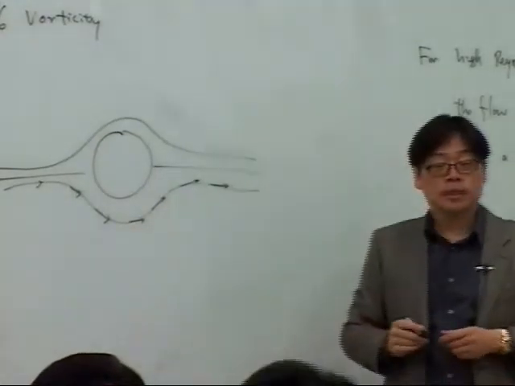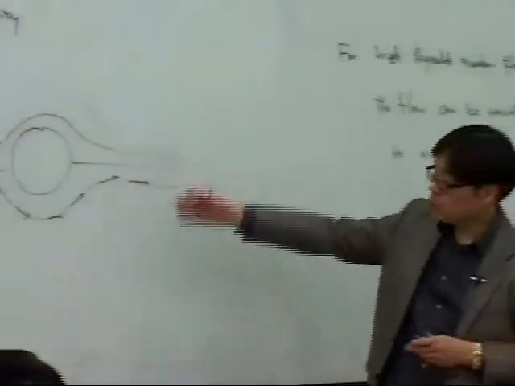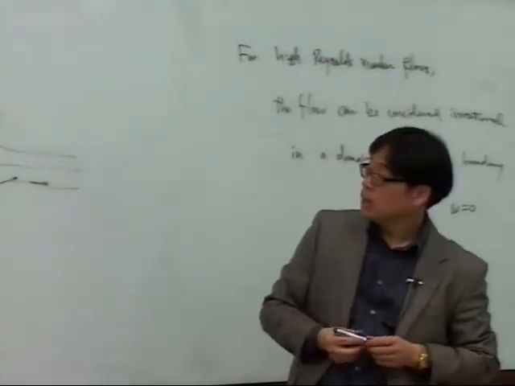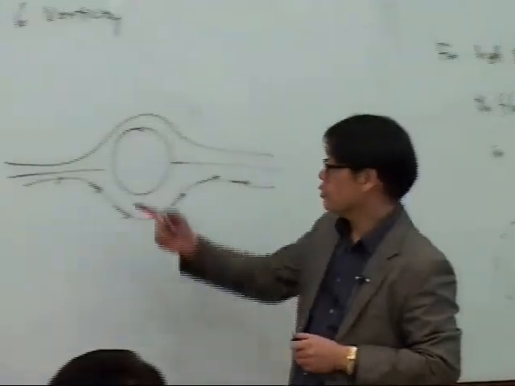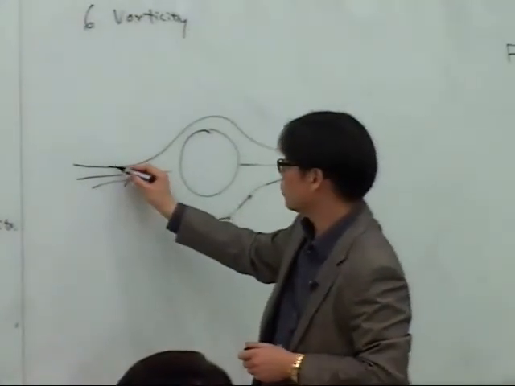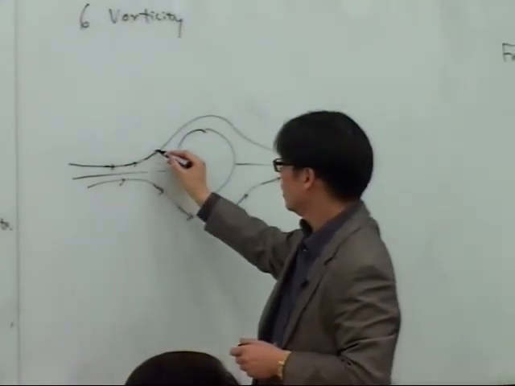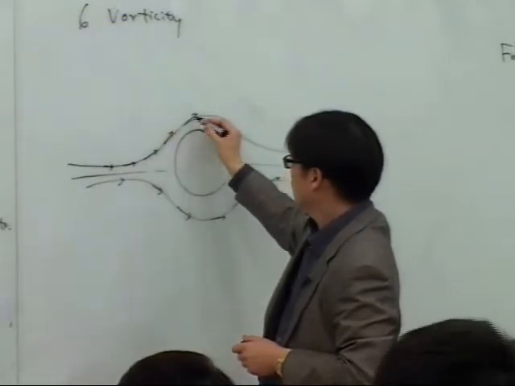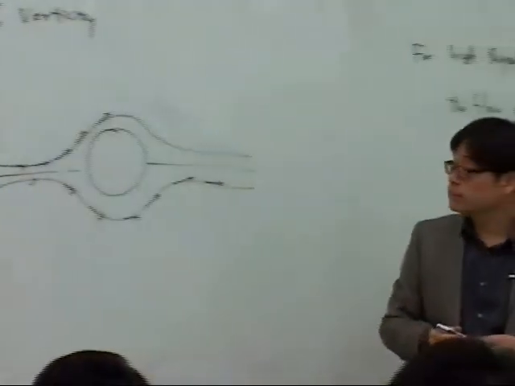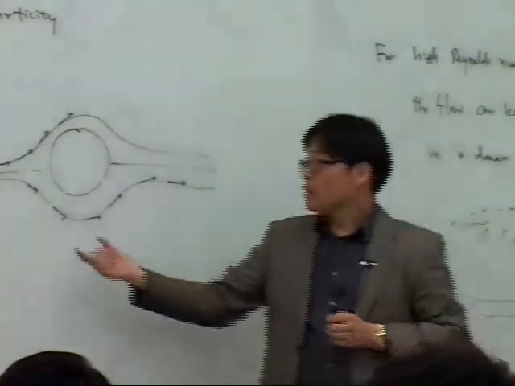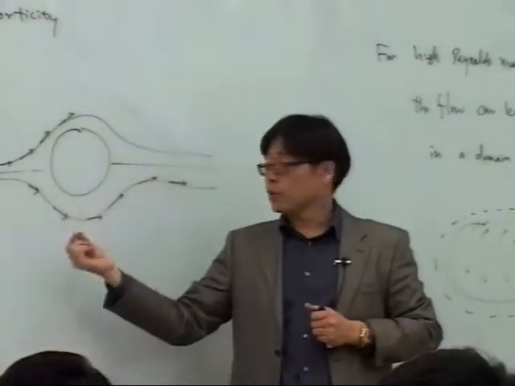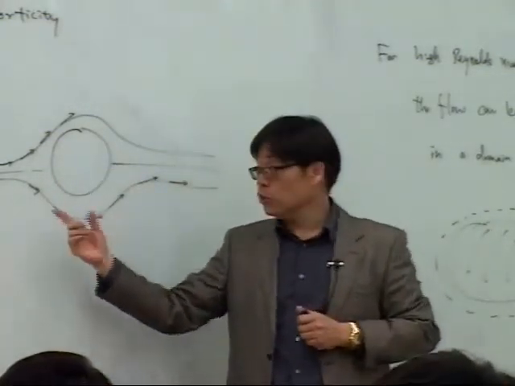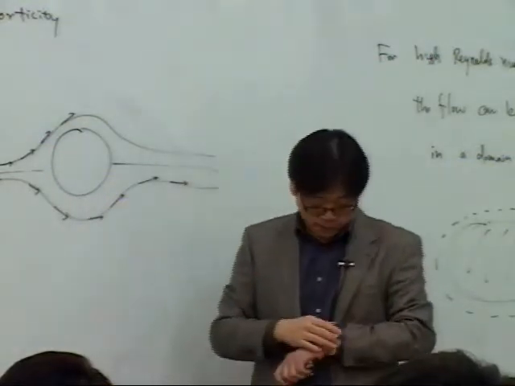Once you have a streamline, you know the velocity vector is always tangent to it. By just looking at the streamlines, I don't know the magnitude of velocity, but I do know the direction of the velocity field.